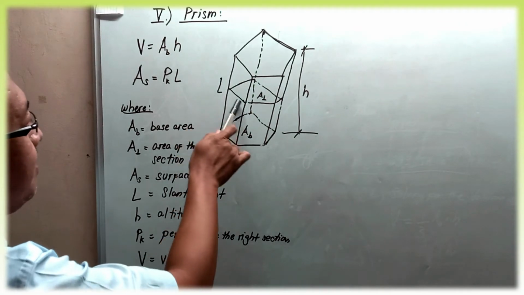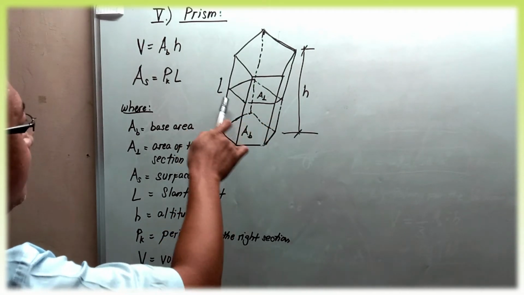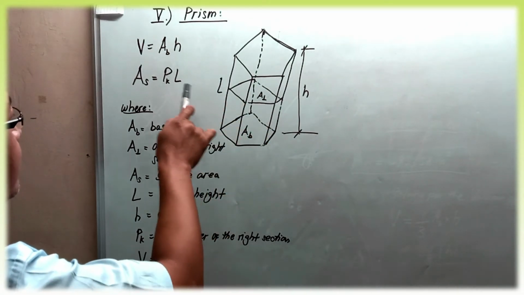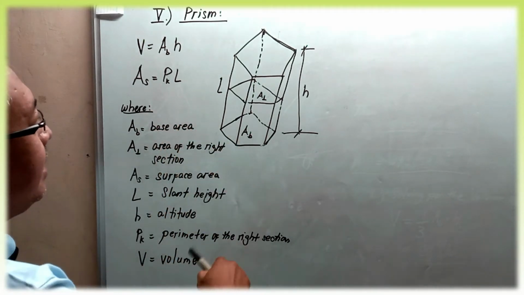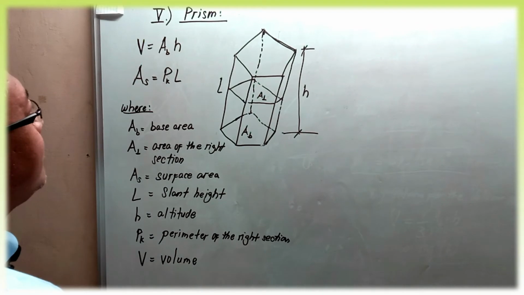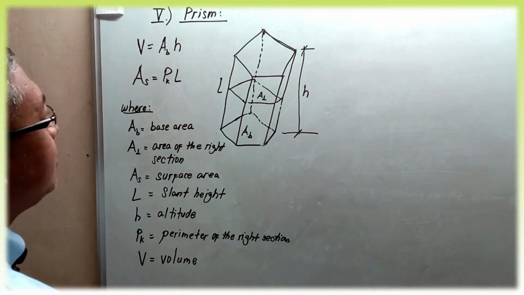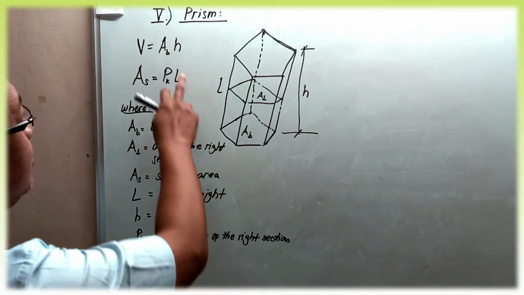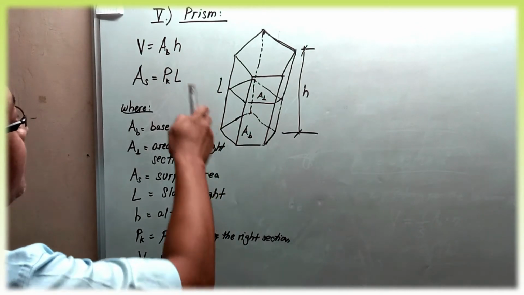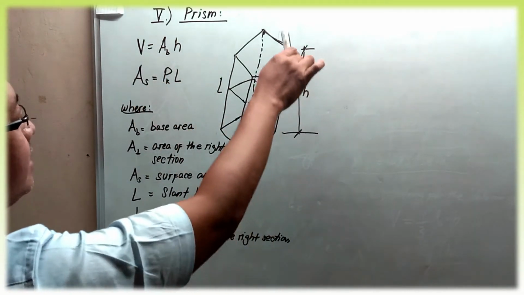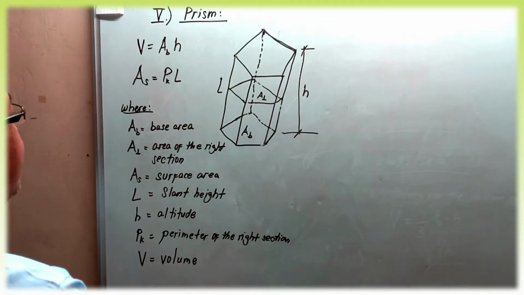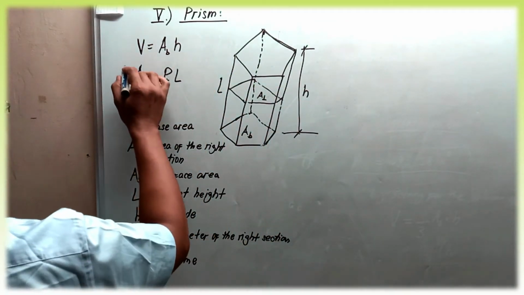And also the equation for the volume is the product of the area of the base times the vertical height or the altitude. So take note of these two equations, guys.